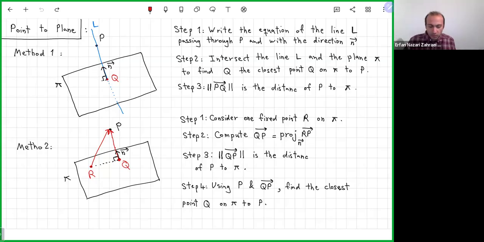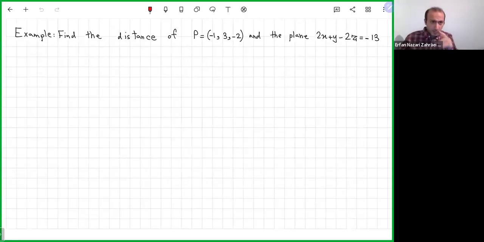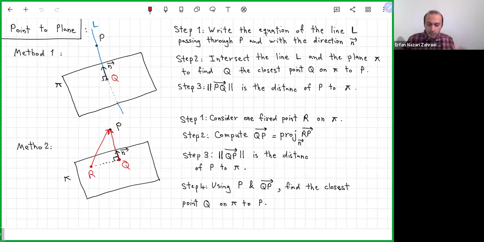Okay, let's do an example. Again, I just do method 1 and do as an exercise method 2 and see that you get the same answers as mine. We have again, for I think the third time, this complete computation, everything, method 1 and method 2, can be done in Rn. In Rn, the plane is a hyperplane.